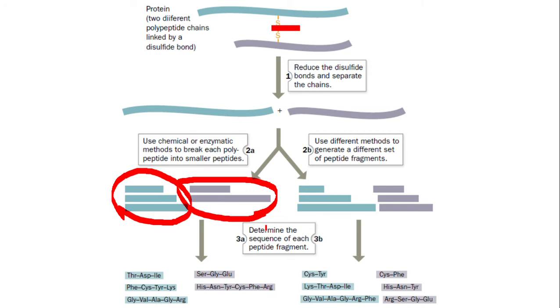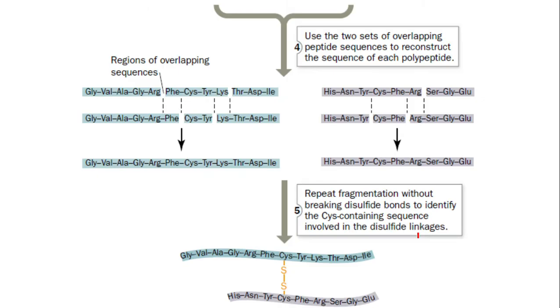Here we are using different methods to break down proteins into different fragments. Blue one is from this, violet one is from this. Okay. Now we can compare them. How to compare? Look here. For example, arginine is with phenylalanine in one fragment, and there is a breaking here.